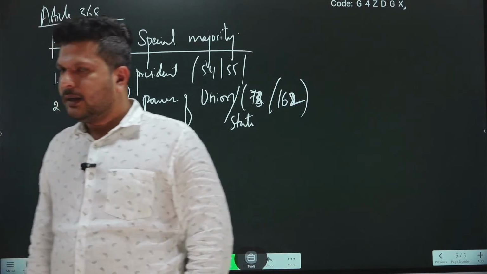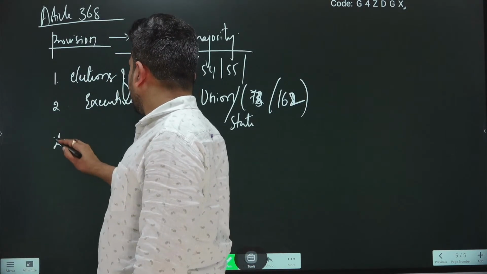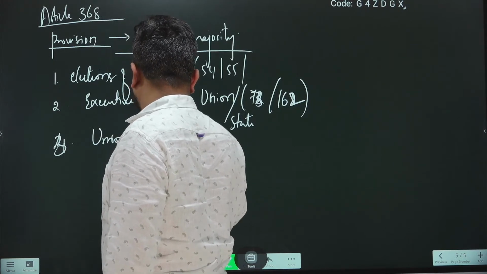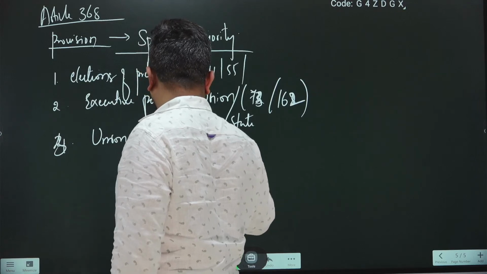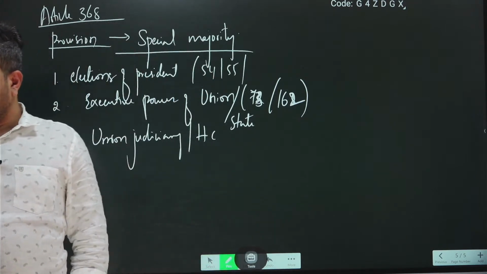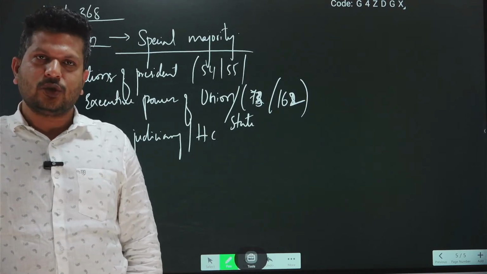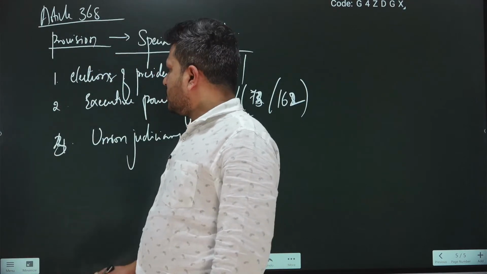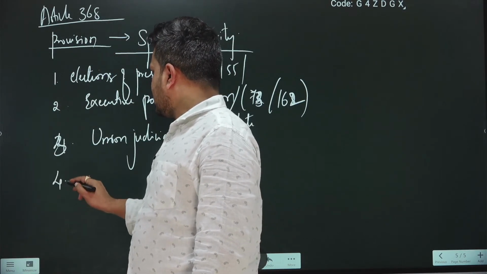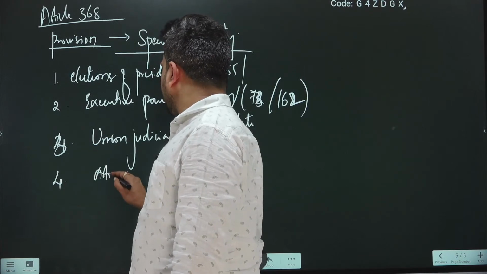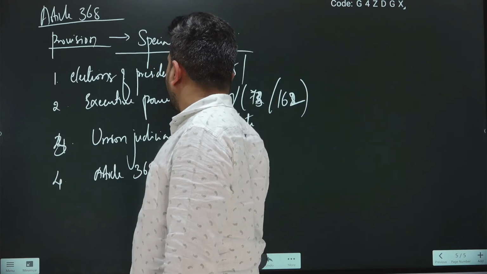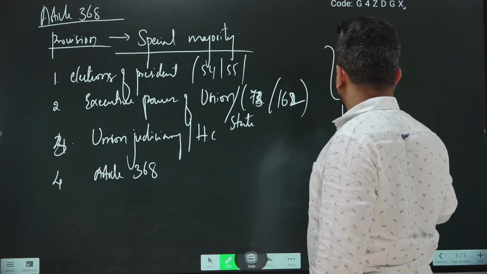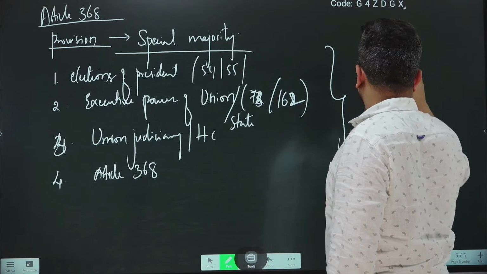In the same way, if there are any changes with respect to the union judiciary or high court, that is, any changes in the provisions regarding Supreme Court or High Court jurisdiction, these will be considered under it. Any changes in Article 368 itself will also be considered a provision which requires ratification of states.